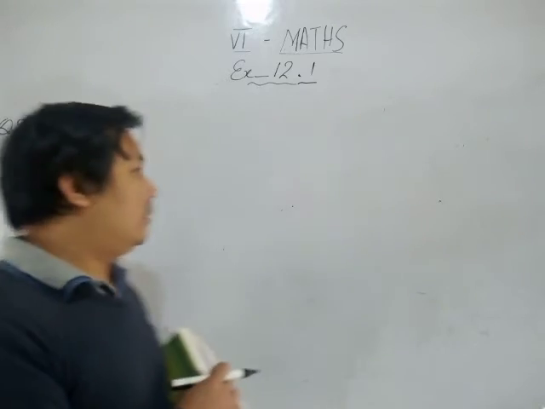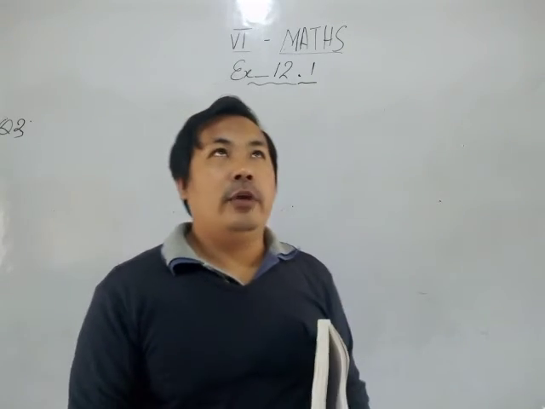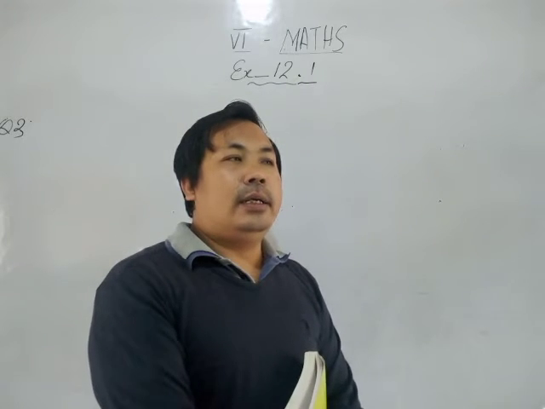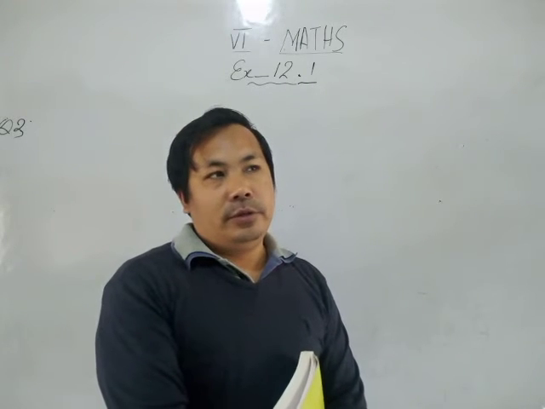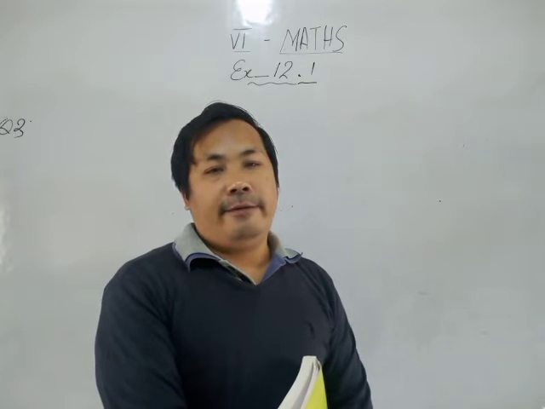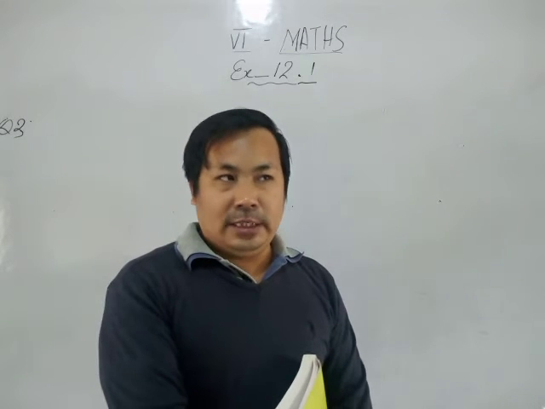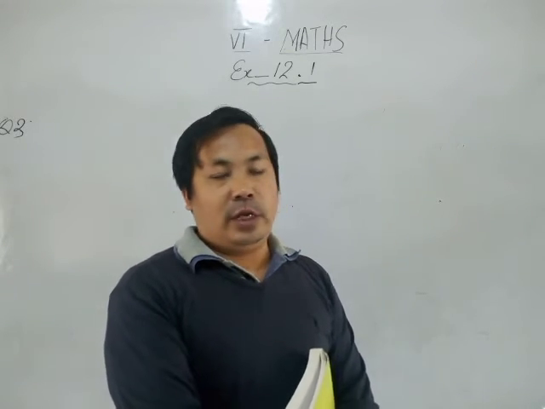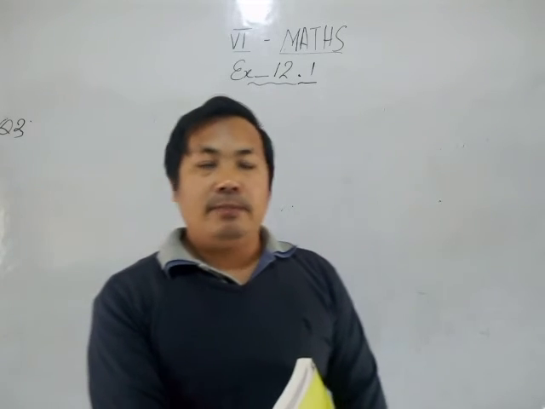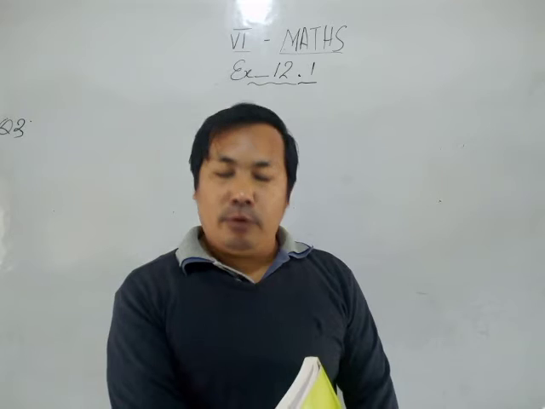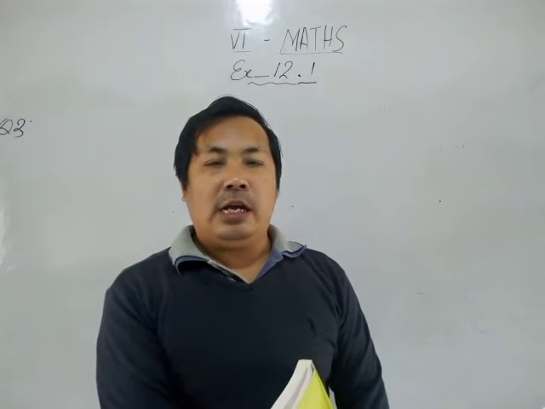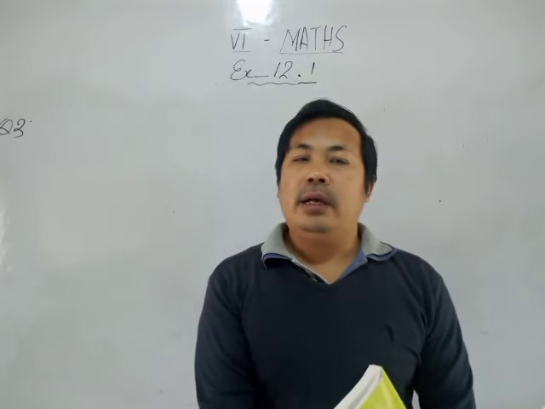Because in finding a ratio, we have to reduce to the lowest form, so the quantities must have the same units. If it is kilometer, both must be kilometer. If rupees, both rupees. If minute, both minute. If hour, both hour. If the units are not the same, we cannot take the ratio.